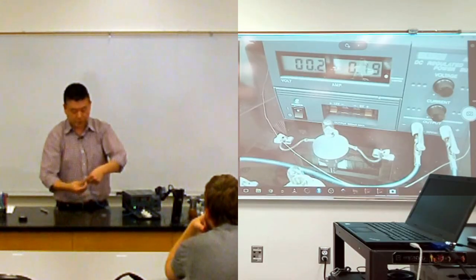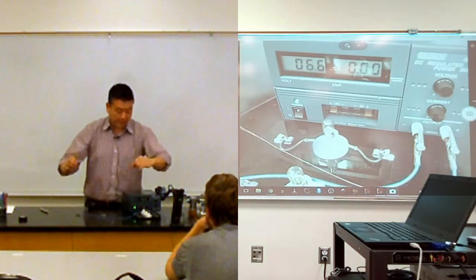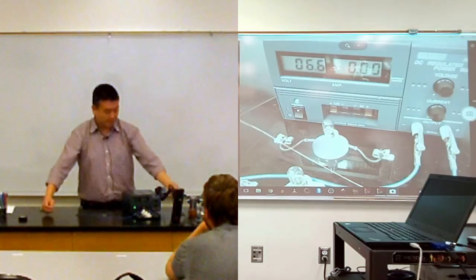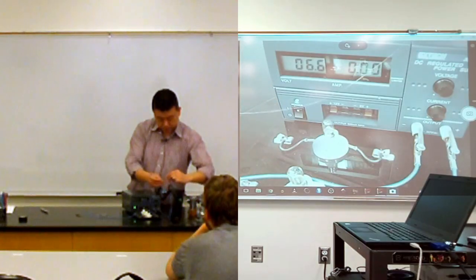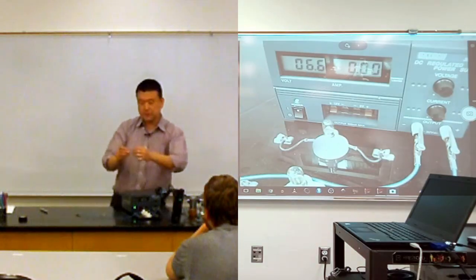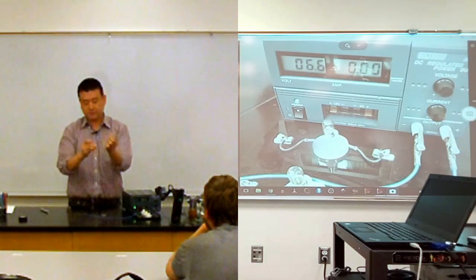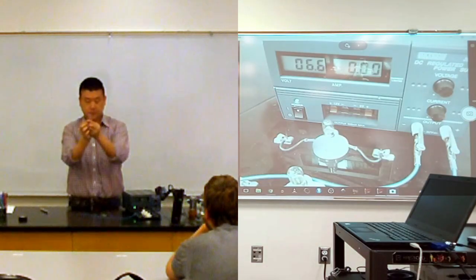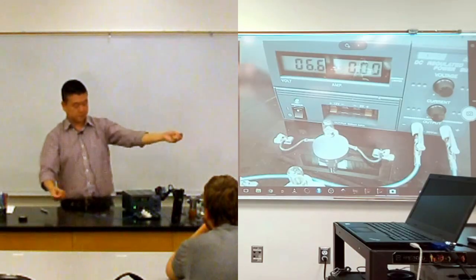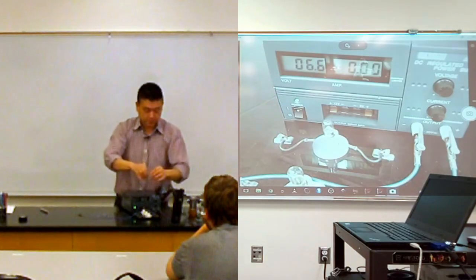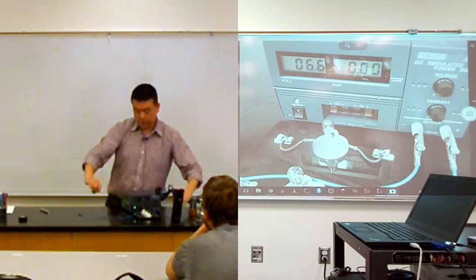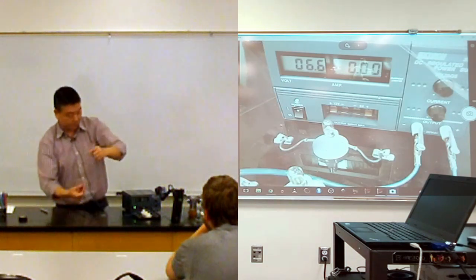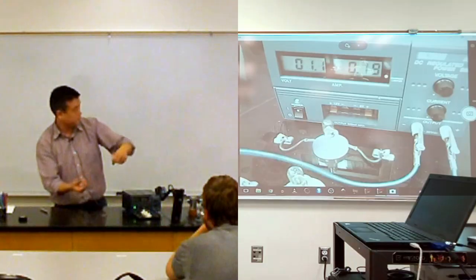Now let me do one more thing. Let me take the same length of wire, but connect it twice. So, double up the wire. Connect this end to this here, and connect the other end, same length as before, here.